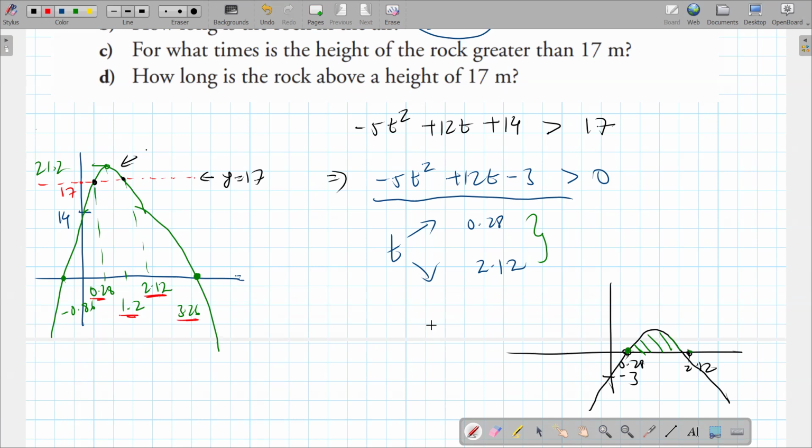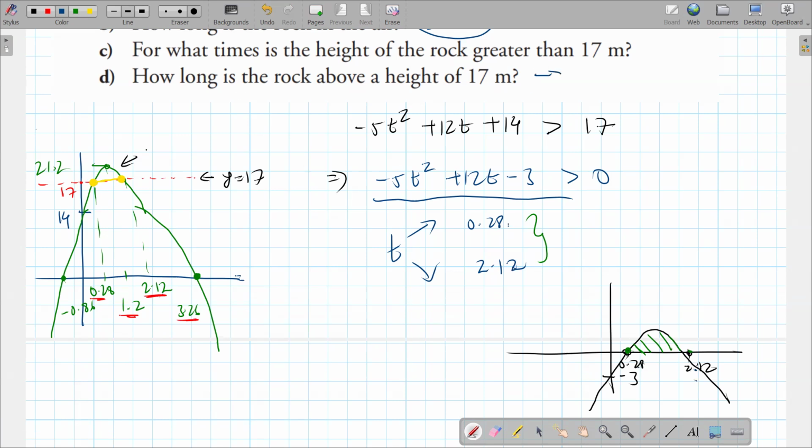We're trying to find how long it was in the air above 17 meters. That's the time from here to here, this period of time. So that is simply the difference between these two x-intercepts.